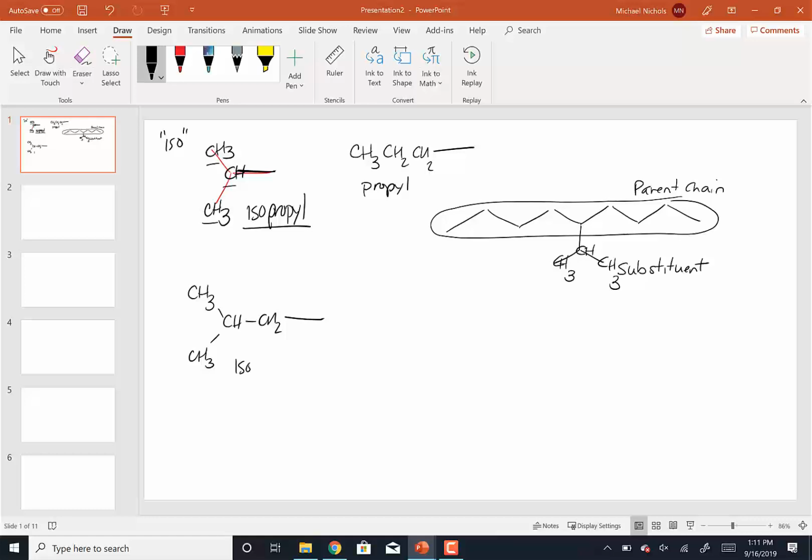So that would be called isobutyl. Now the critical part is an iso group is a CH3, CH, CH3. Got to have those 3 atoms connected that way. So that's what an iso group is.